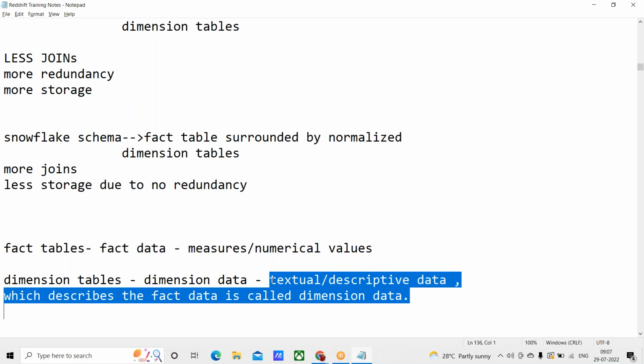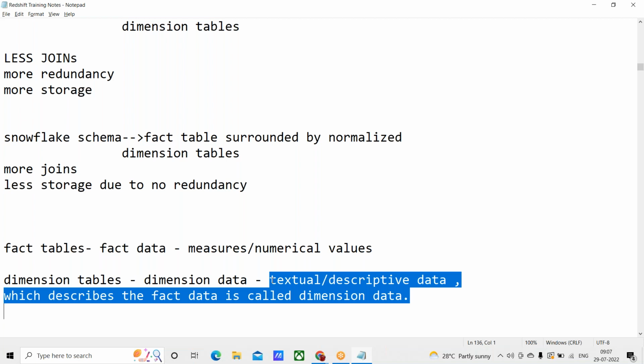Sum, count, min, max, average. These five are called aggregate functions. Generally, these will be applied on sales or quantity or revenue. So all these values come under fact data.